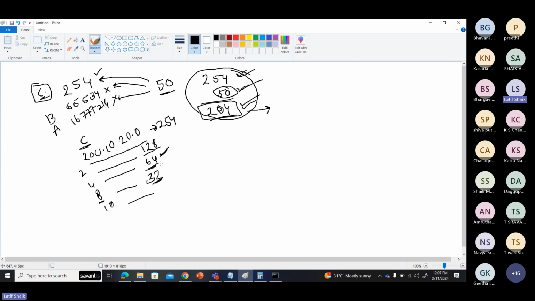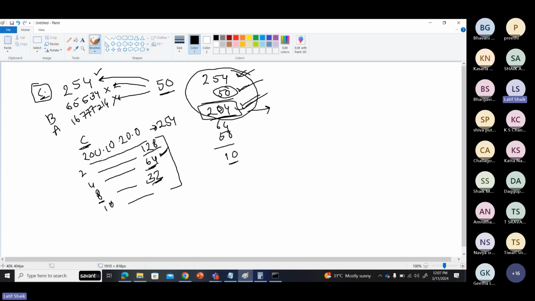The wastage is only around 10 or 12, maybe 14. Maybe I will add one or two computers, no problem. Instead of wasting 200, I am wasting only 10 IP addresses.